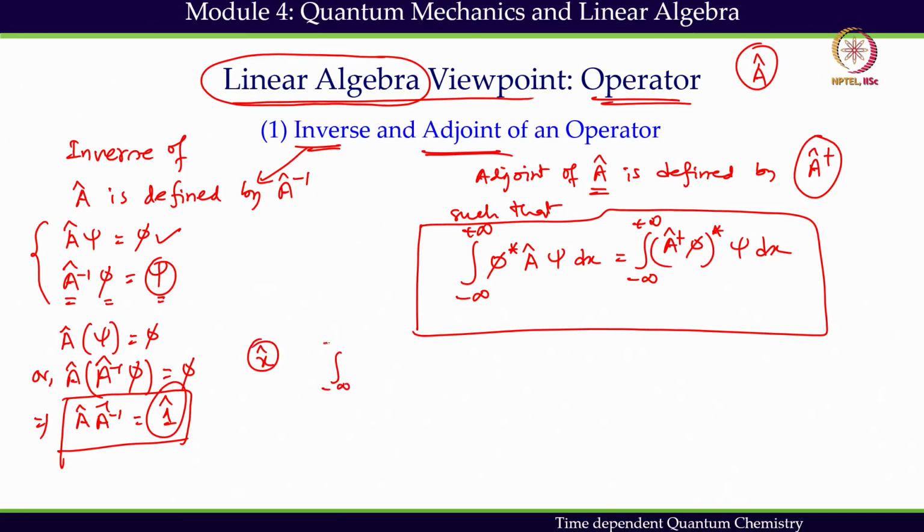So, I will check the integral from minus infinity to plus infinity of phi star x psi dx. That is my integration. Now, x is a multiplication operator, so I can place x anywhere. Remember, when you are dealing with a differential operator acting on psi, and on this side I have phi, this derivative operator operates only on psi.